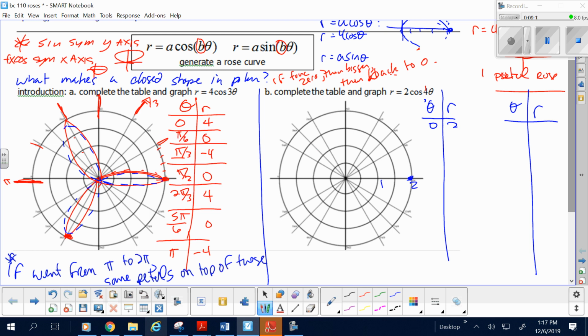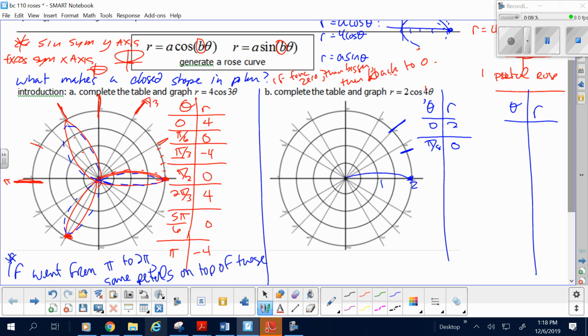Pi over 2. So that means theta would need to be pi over 8. Put in a pi over 8, and pi over 8 would yield 0. Now the question is, where's pi over 8? Well, if here's pi over 4, and pi over 8 is halfway, so right there's pi over 8. And that's a 0.